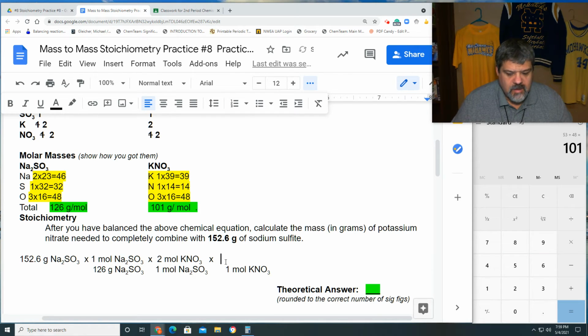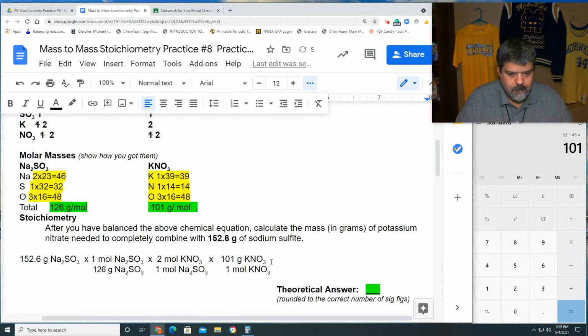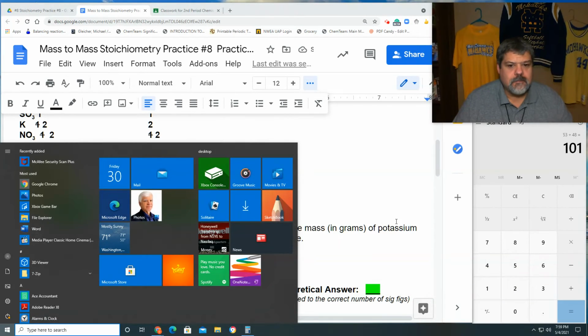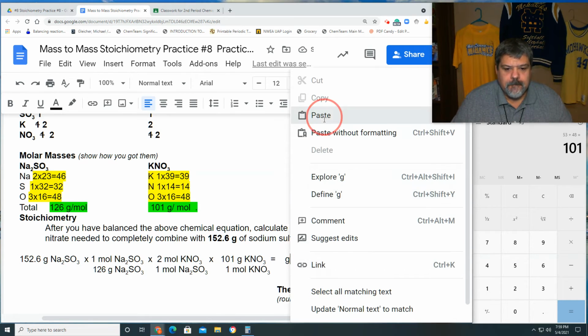So we're going to put 101 grams of KNO3 up there. Our equal sign, and then we know that we're going to have so many grams of KNO3.